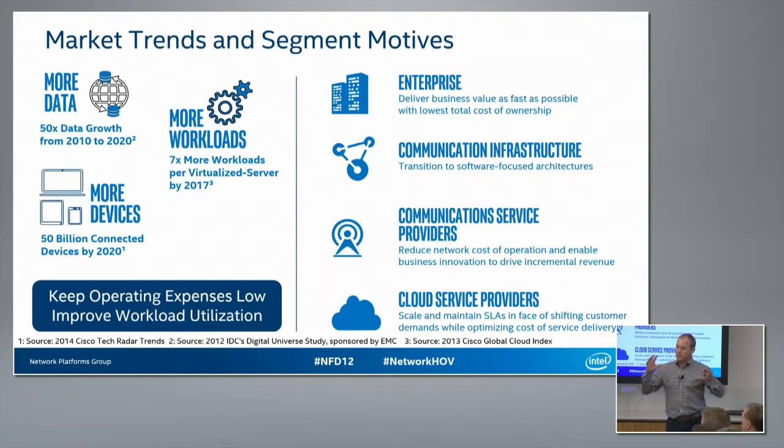But think about it, right? When you start consolidating all these services on a single platform and look at a Broadwell platform today, so our Xeon V4 architecture we introduced earlier in the year, on the high core count SKUs, there's 18 cores, 36 threads. Well, that's a pretty serious amount of processing power.